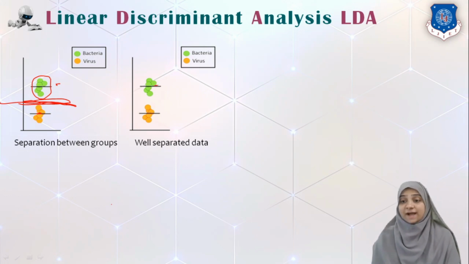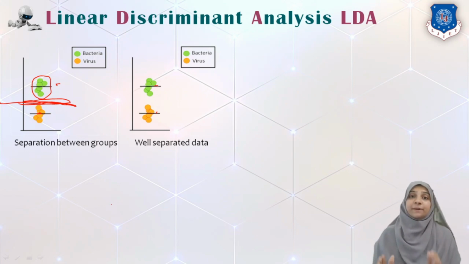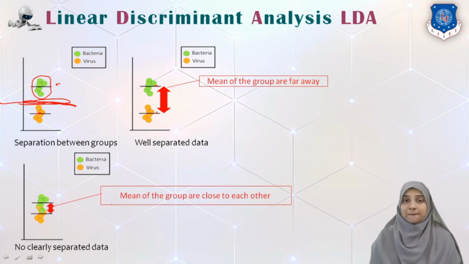So if we have different means for different classes, and data points are close to their mean, it is called well-separated data. Here we calculate the mean of each group, and if the group means are far away from each other, we say that it is well-separated data.